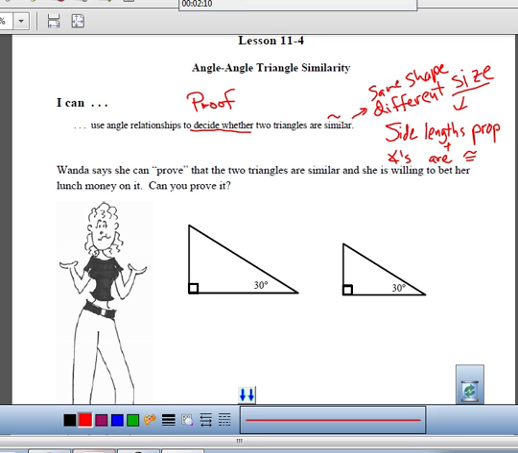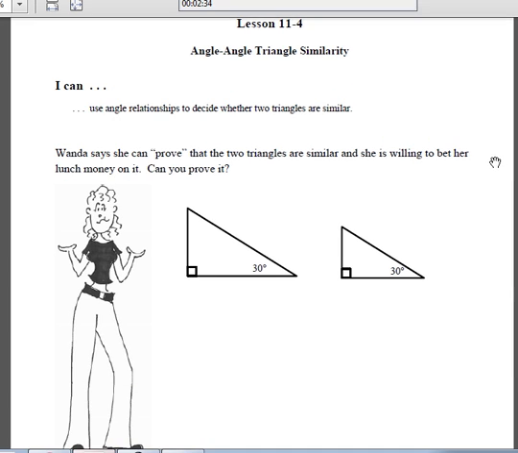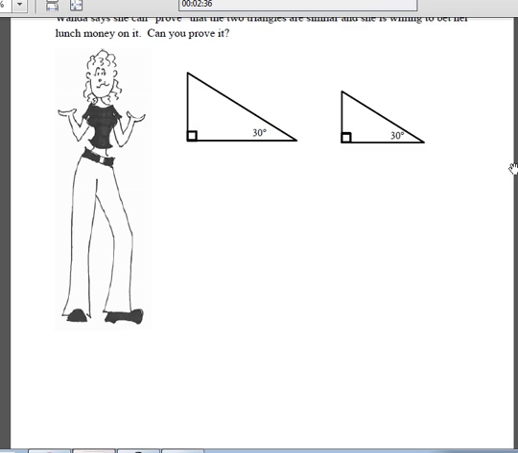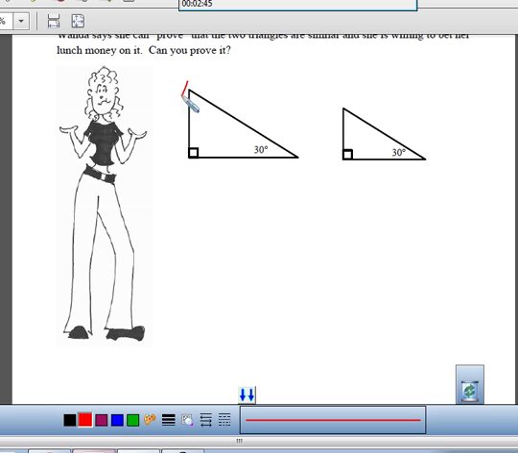Alright, so let's take a look at this example problem below. Wanda says she can prove that the two triangles are similar, and she is willing to bet her lunch money on it. Can you prove it? Alright, so what we are going to do is label our picture A, B, C, and then I want my corresponding angles lined up.